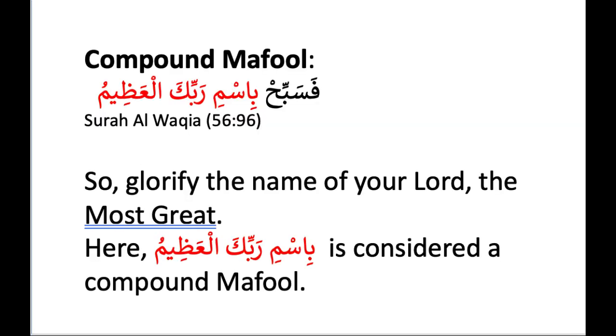Let's look at an example of compound Mafool. Fasabbih bismi Rabbikal Azim. So glorify the name of your Lord, the most great. Here, Bismi Rabbikal Azim is considered as a compound Mafool because B is Harf Jar, Ism is Majroor. So Bismi is a Jar Majroor. Then Ism is playing the role of Mudaf and Rabbu is playing the role of Mudaf Ilayhi.